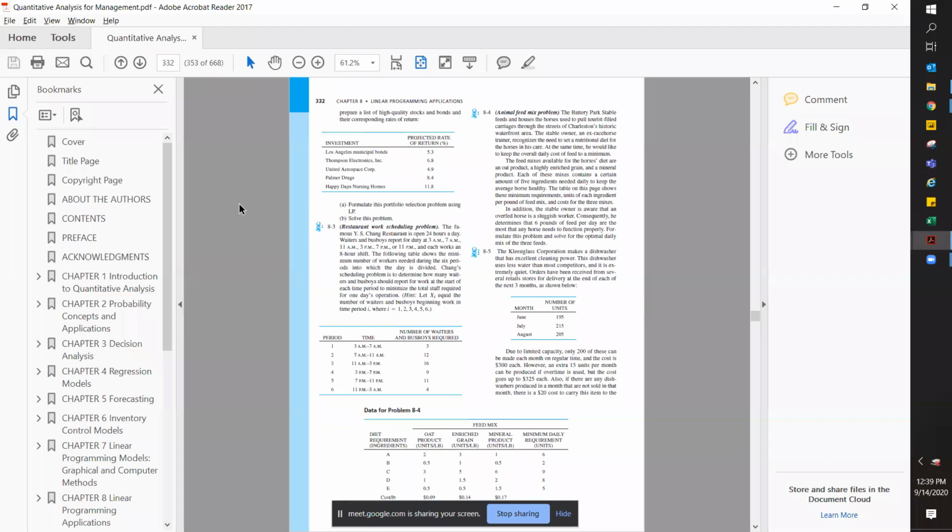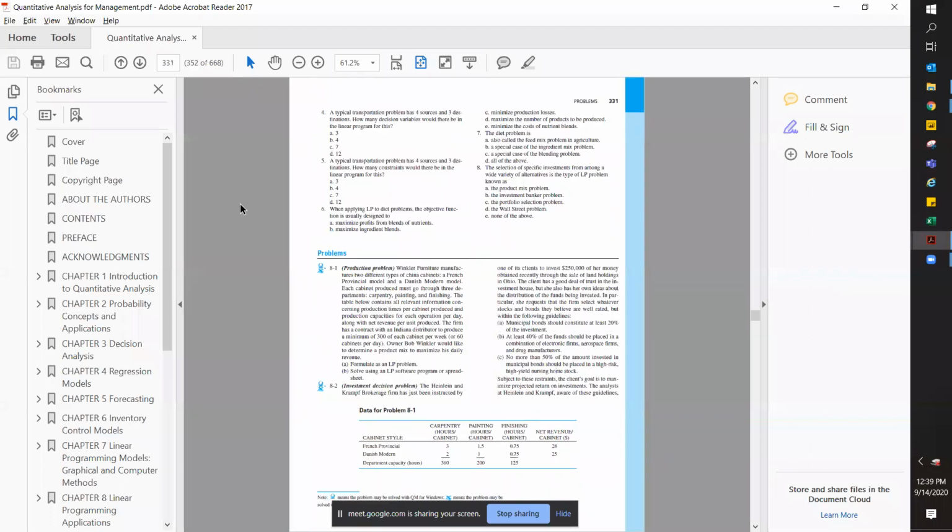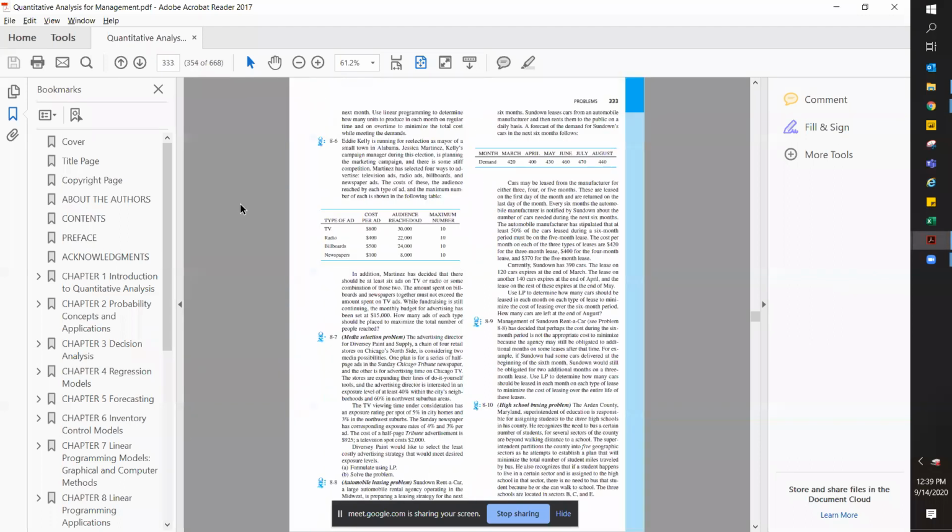So I asked you to solve problems 8-1 up to 8-8, just to give a try, to see if you understand how to formulate a problem. Okay? Questions about it? Wala naman. Okay, good.